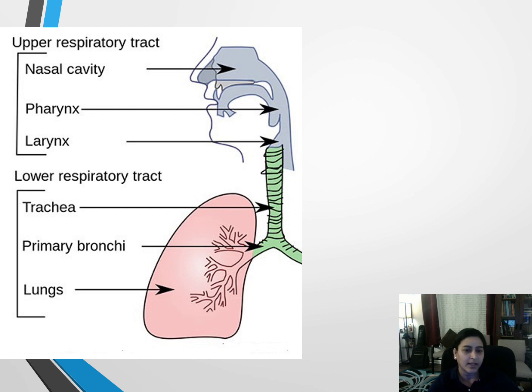The bronchi then branch further and end up in alveoli, which look like a bunch of grapes. The alveoli and alveolar sacs are where gas exchange actually happens.